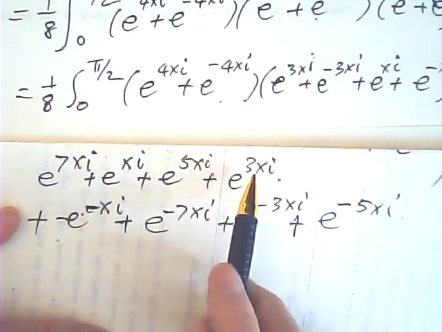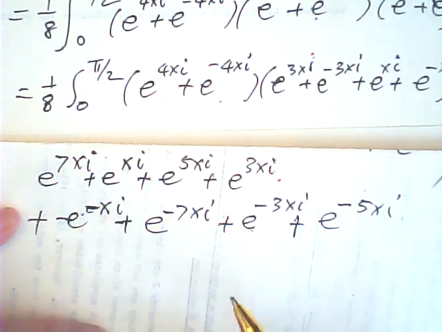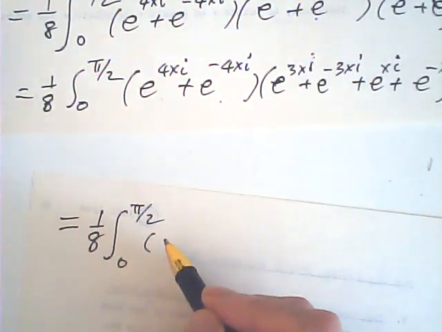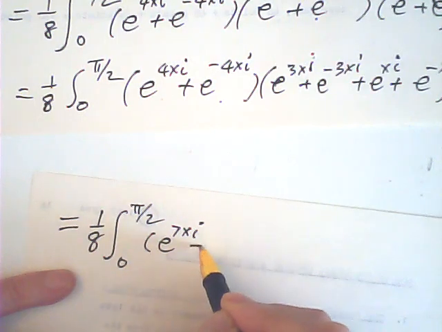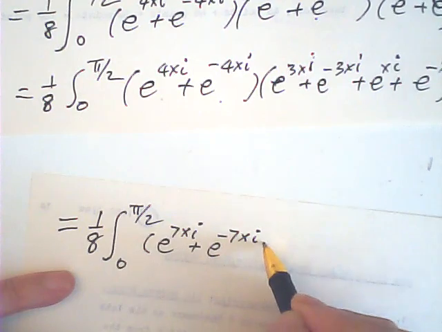Plus 3, 3, another pair. 1, 1, another pair. See, we have 4 pairs. So one pair is e to the 7xi plus e to the negative 7xi. That's one pair.